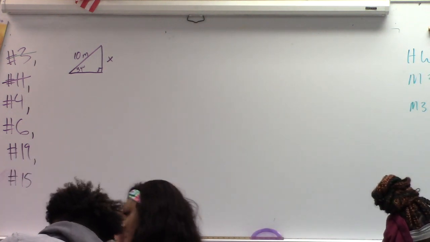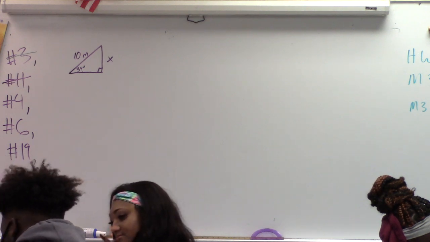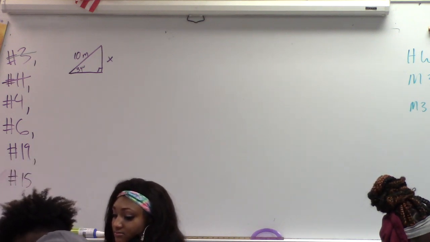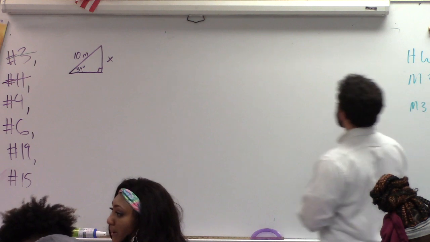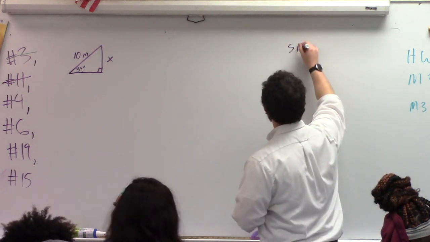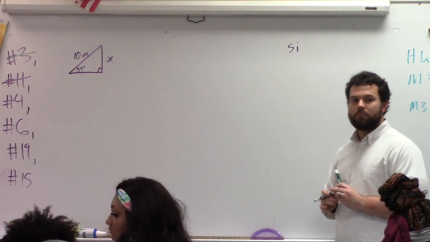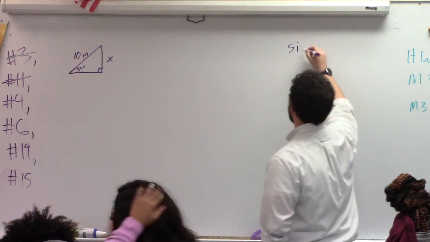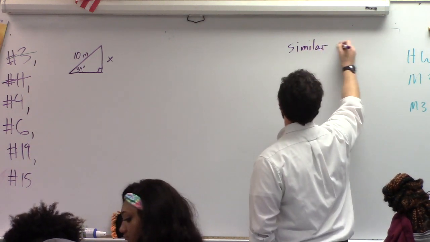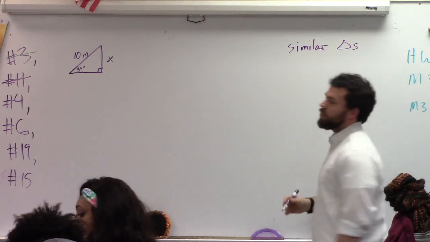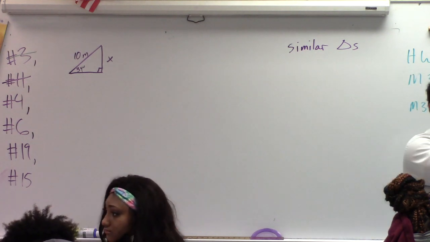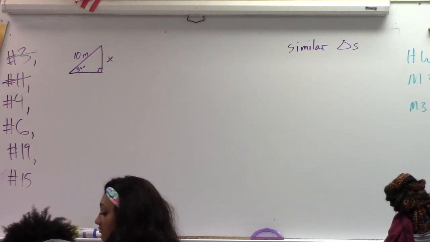What was the idea of trig ratios built out of? What kind of triangles? Right triangles. Similar triangles. Do not forget that everything was built out of the idea of similar triangles.